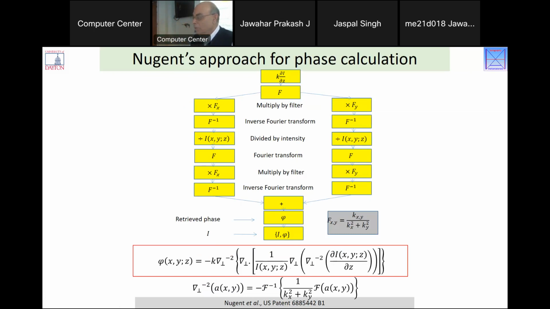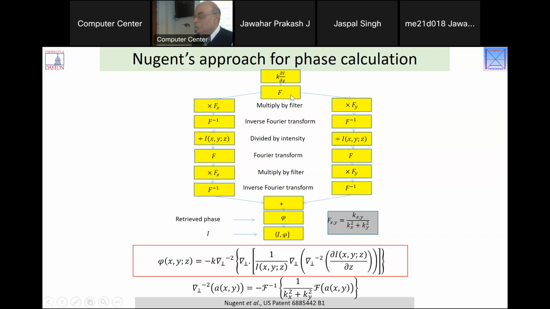If you combine these two in the spatial frequency domain, it's j times kx divided by kx squared plus ky squared, plus j times ky divided by kx squared plus ky squared. He defines this as the operator f sub x: f sub x is kx over kx squared plus ky squared.